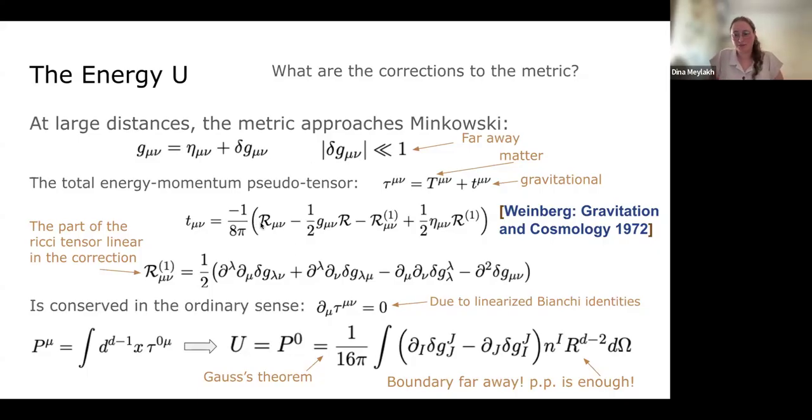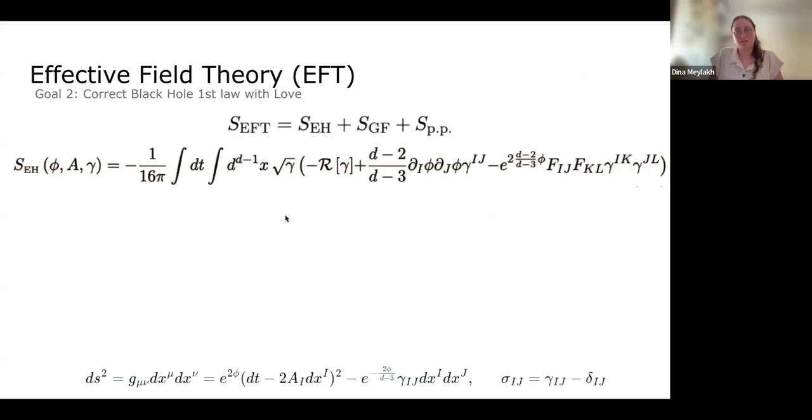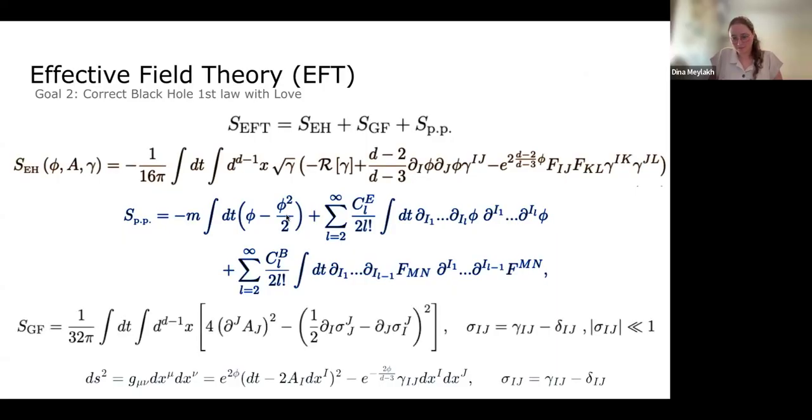Okay, so what are the corrections to the metric? For that, we go back to the effective field theory we discarded before, and we specify an effective field theory action, which is composed of the Einstein-Hilbert action, the point particle action, and a gauge fixing term.